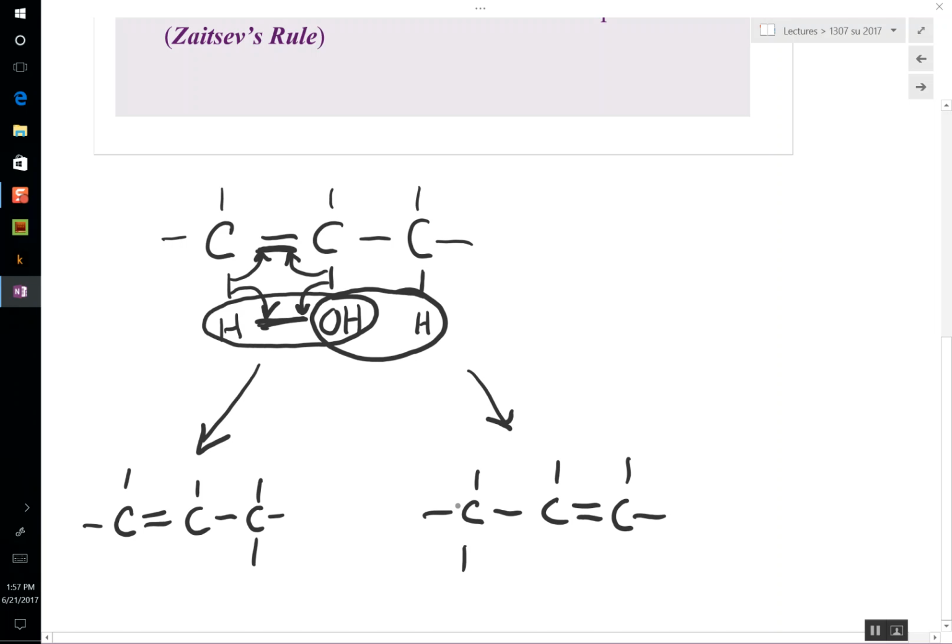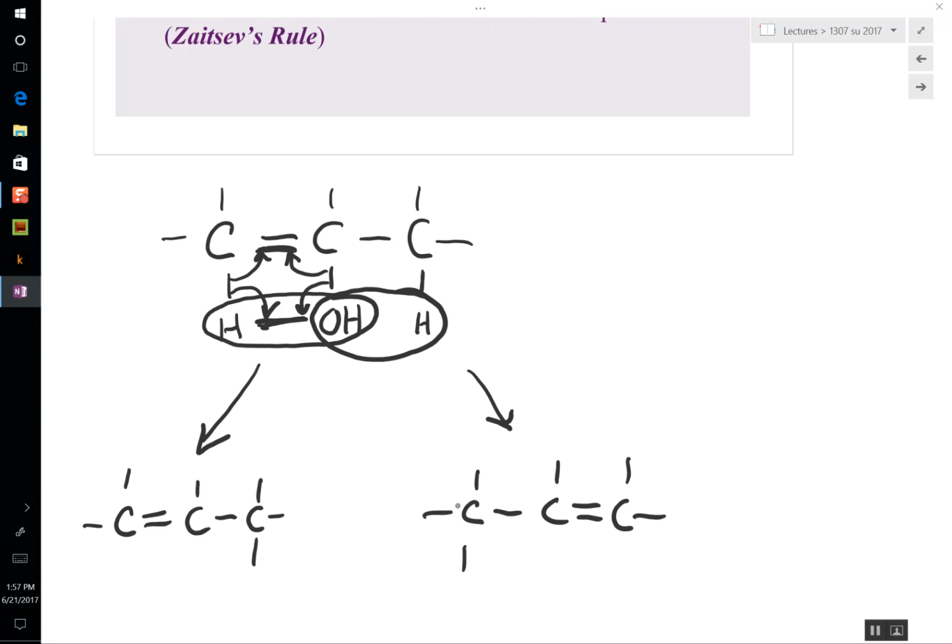Now, is that different from that? Yes? No? No. If you named that, it would be 1 propene. If you named that, it would be 1 propene. Those are the same molecule.